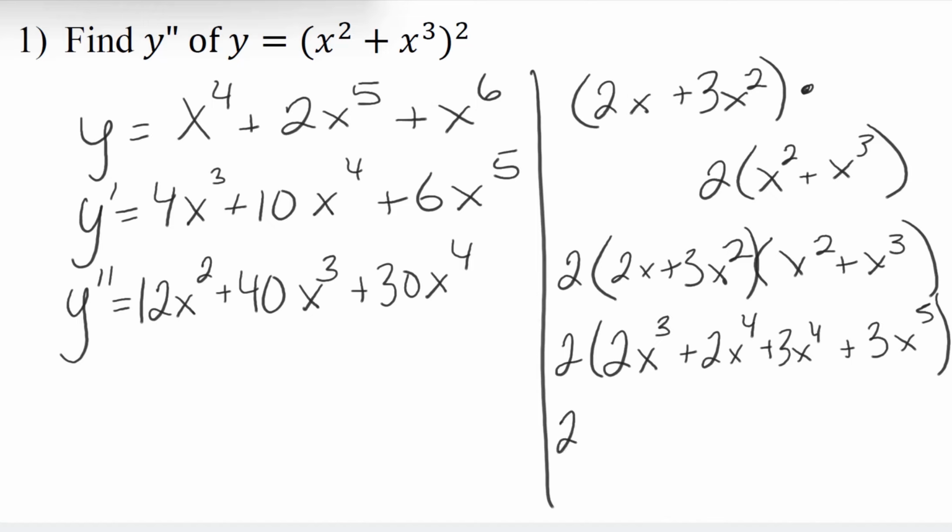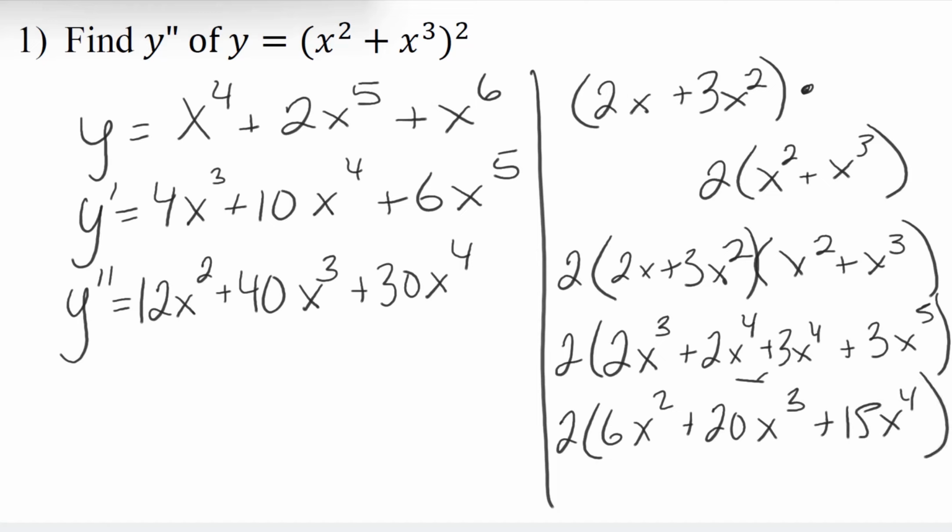So we've got 6x squared, and what's that, 5? So 20x to the third plus 15x to the fourth, which does give you exactly what that is if you distribute the two.